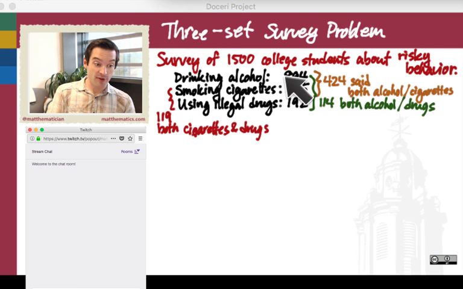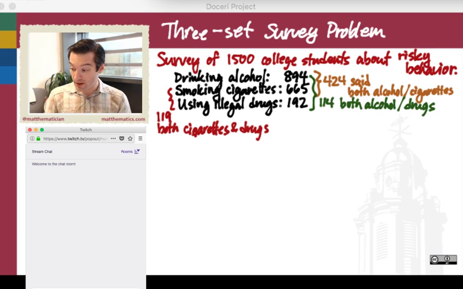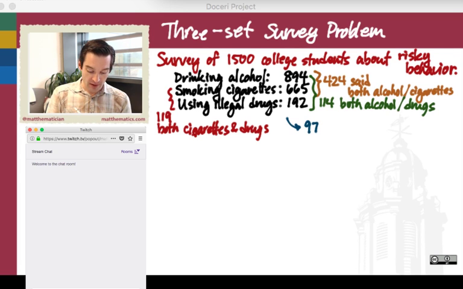If I responded to the survey and said I do all three of these things, I would not have as a college student, but if I did, then I would be part of this 424 and this 114 and that 119. And we have information, again, given to us in the data reporting for this survey about that size. And that is, it tells us that there were 97 that responded all three.